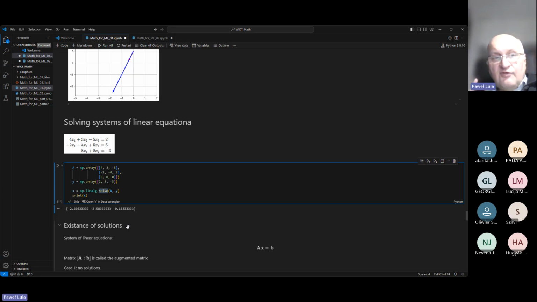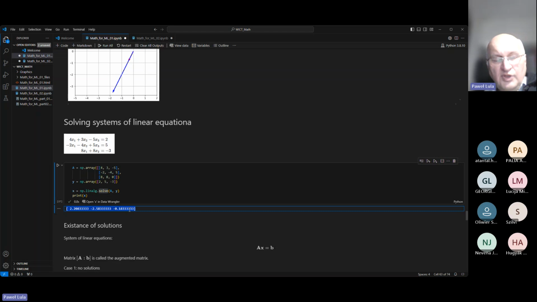But we have a very interesting problem here. Here, I solved this system of equations with no problems. But sometimes we can get the information that the solution does not exist. Or sometimes we can get the information that we have an infinite number of solutions.